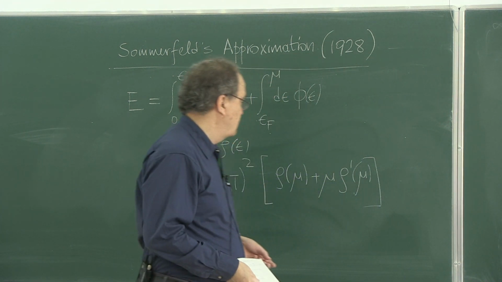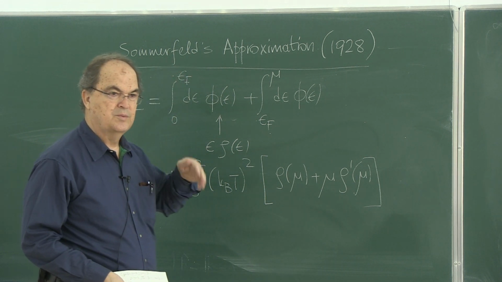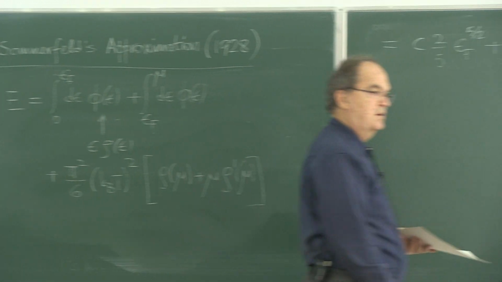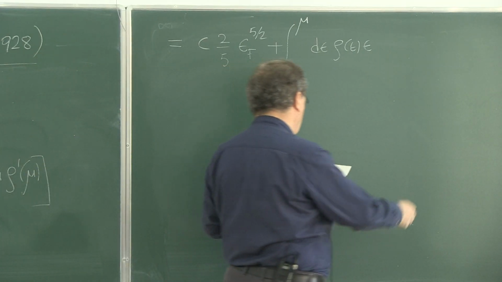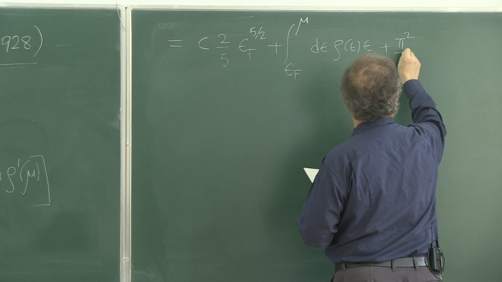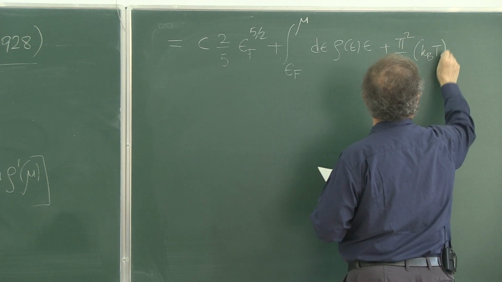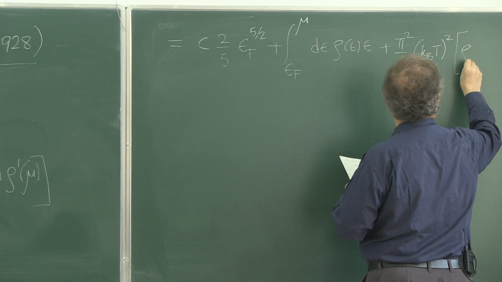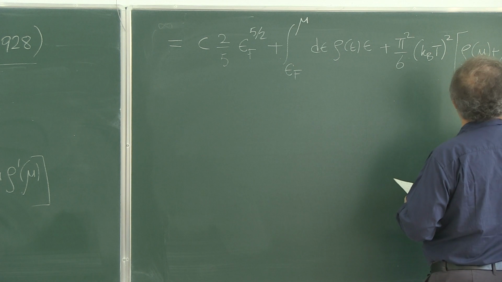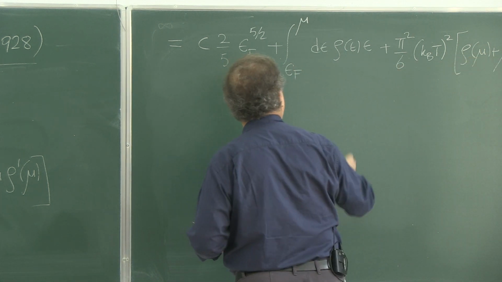The first integral is easy, this part, from 0 to EF, the T equals 0 part, plus from EF to mu, d rho E times E phi, plus pi squared over 6, as we have done before.